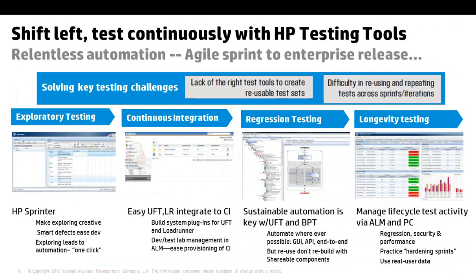While the build is created, we have plugins for Hudson and Jenkins in both UFT and LoadRunner by which you can include certain smoke tests or integration tests as part of the continuous integration build process. You can also leverage the integration with ALM, the lab management module in ALM, to easily provision continuous integration.